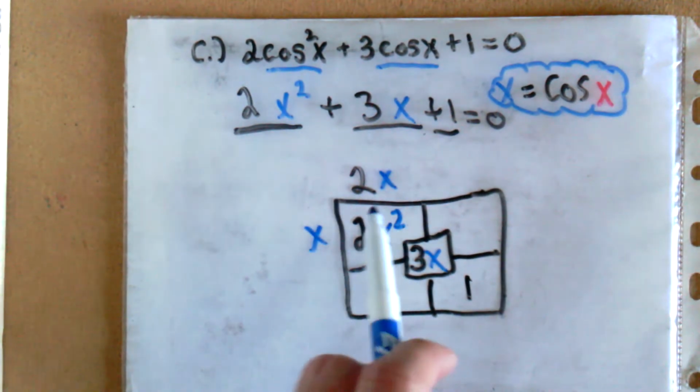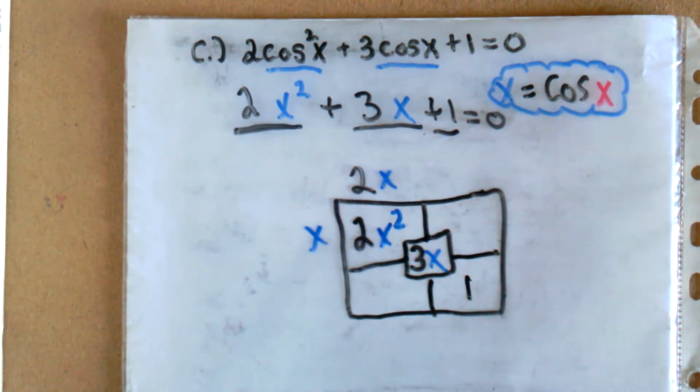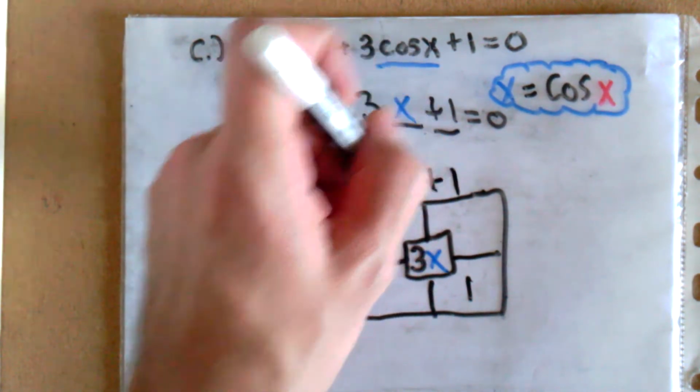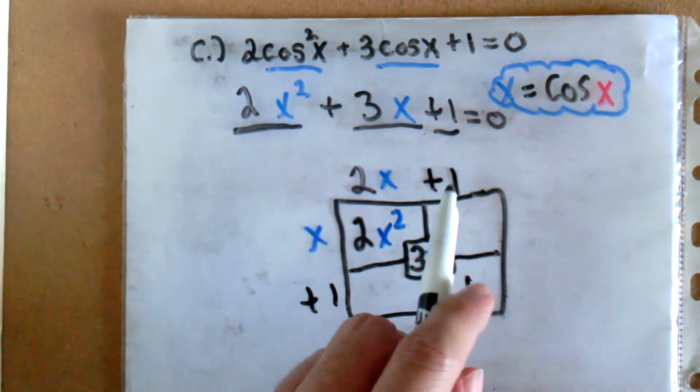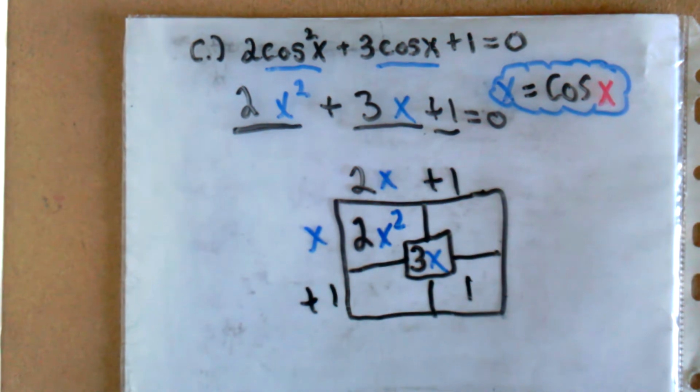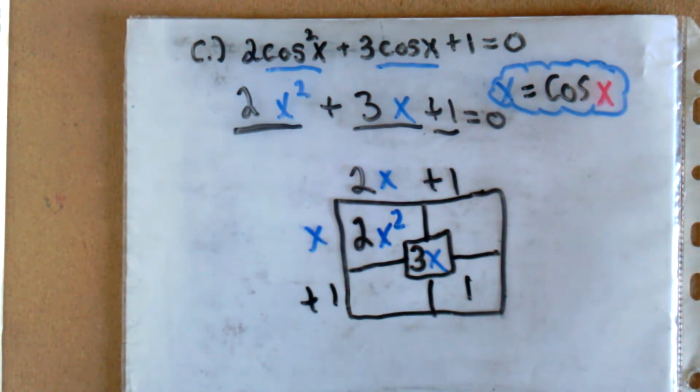So we're going to try this. And then for 1, 2 numbers that multiply to positive 1, we can just use positive 1 and positive 1, because positive 1 times positive 1 gives us positive 1. Okay, now let's see if it works.